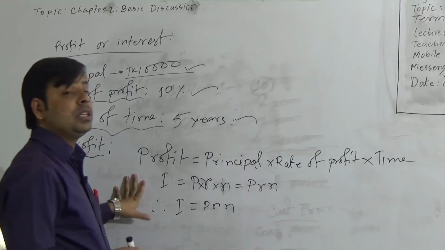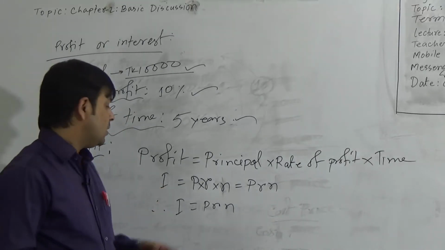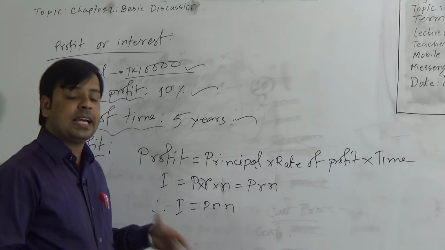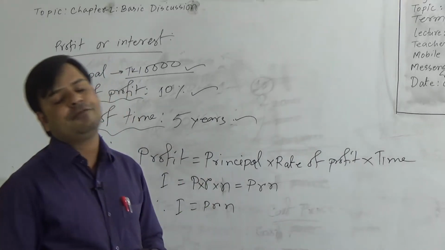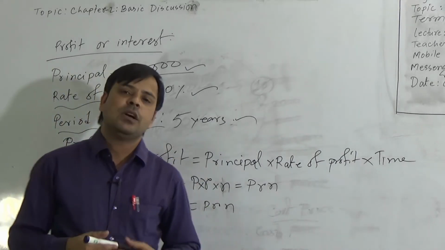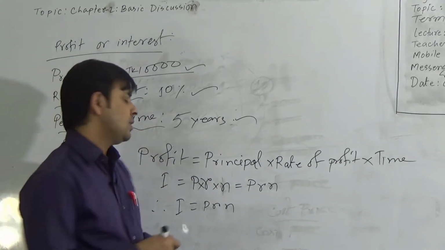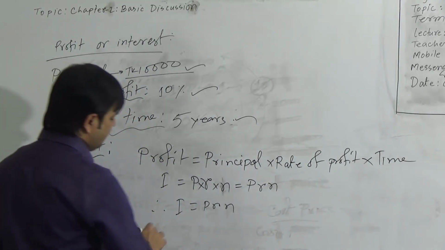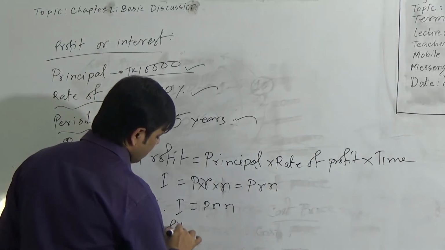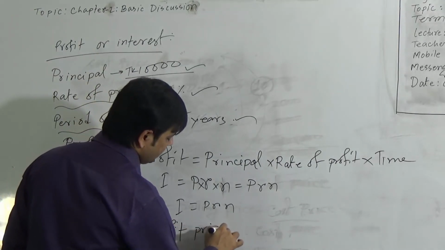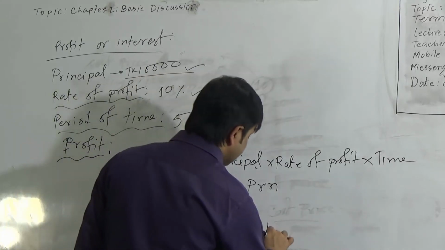Dear students, when you determine the profit, then you can determine the profit principal after a fixed time period. What will be the profit principal? Profit principal is the sum of principal and profit.